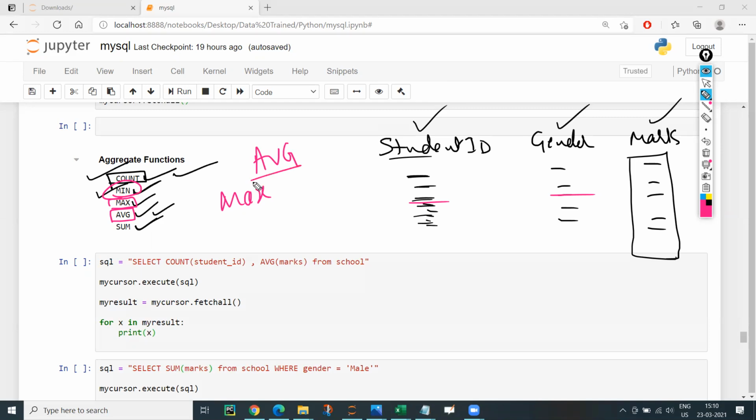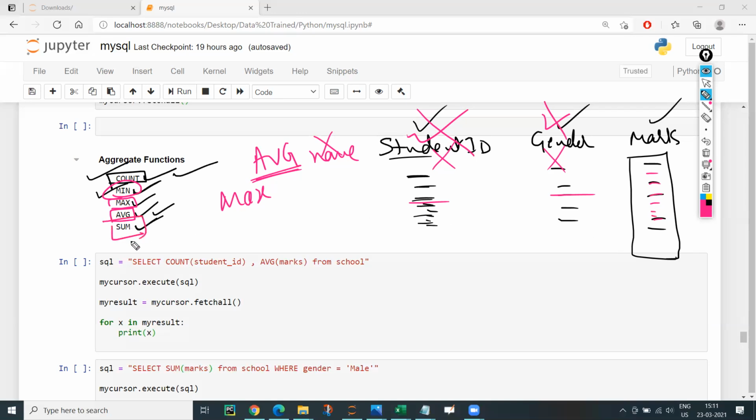But I cannot use average on a gender or on a student ID because they are just labels given to the students. Obviously, I cannot use average on a student ID, nor on a gender, or the name. So I can use it on marks only.